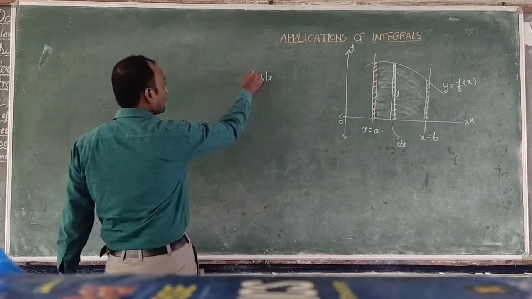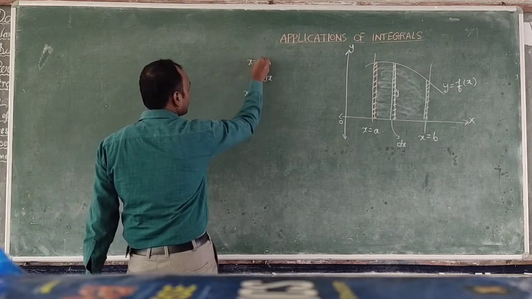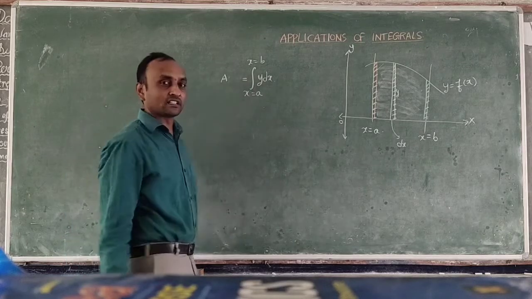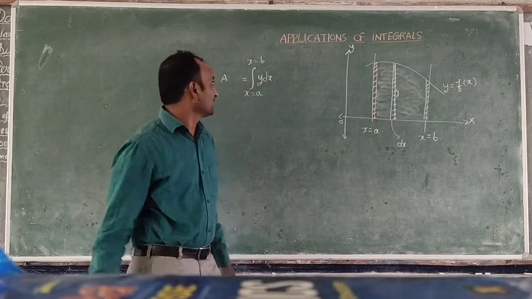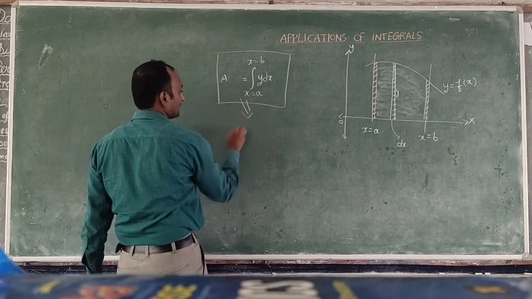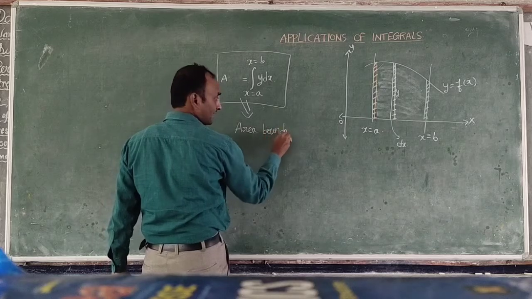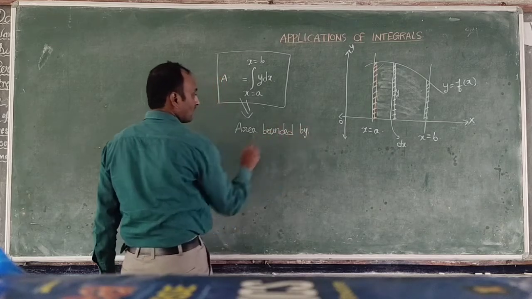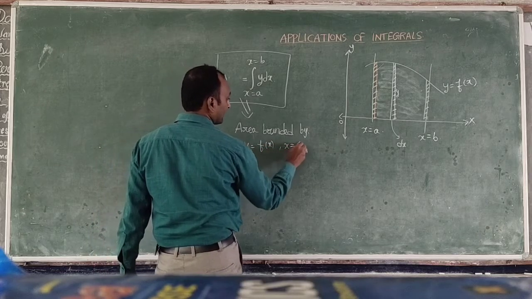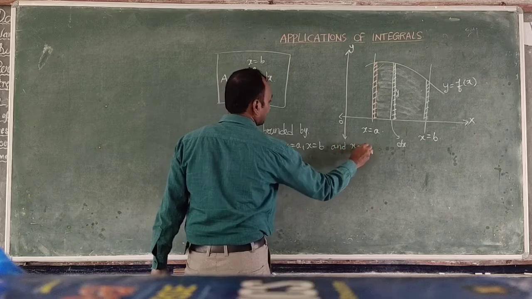That means we have to integrate y dx from x is equal to a to x is equal to b, which will give you the required area. That means this is the area bounded by y is equal to f of x, x is equal to a, x is equal to b and the x-axis.